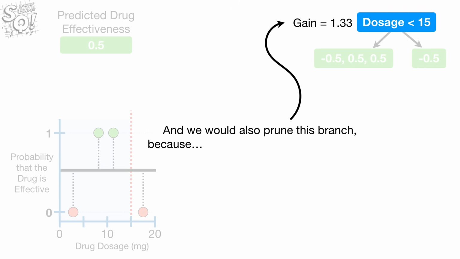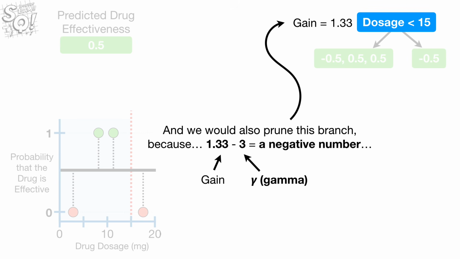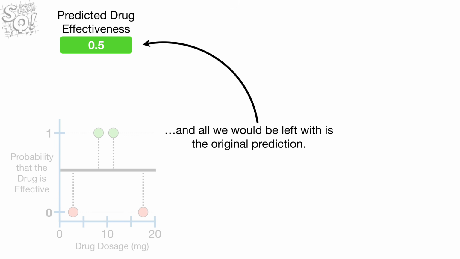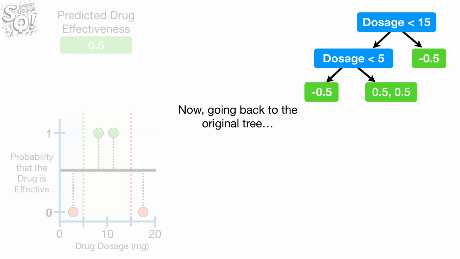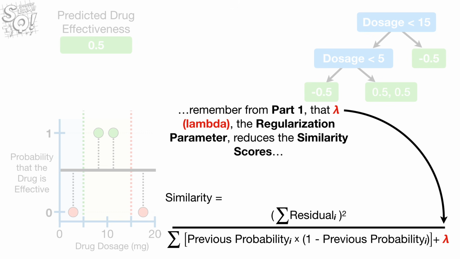And we would also prune this branch because 1.33 minus 3 equals a negative number. And all we would be left with is the original prediction. Small bam.